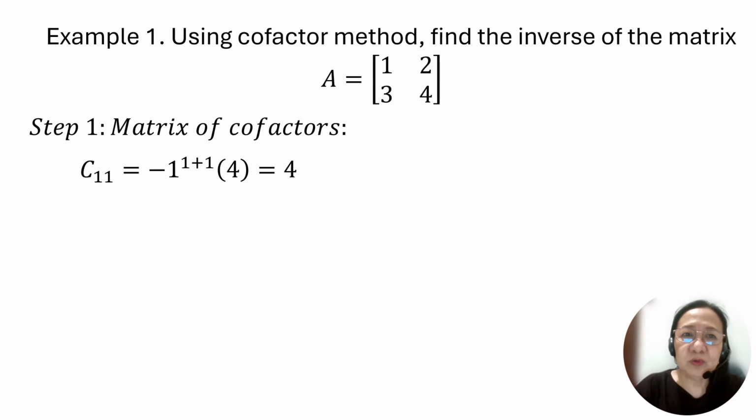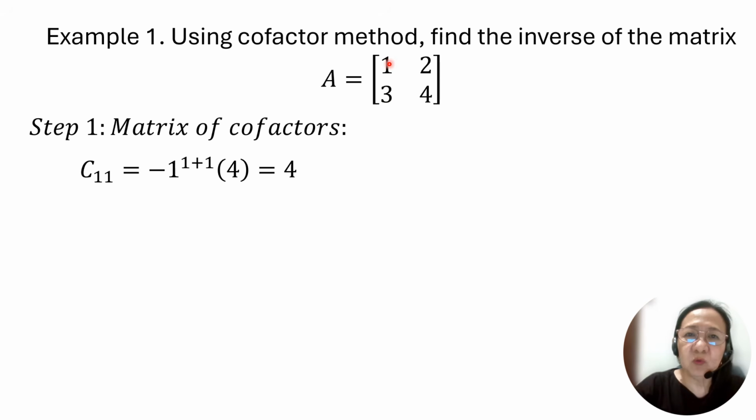The first one, we have C sub 11. What will be the sign of C sub 11? C sub 11 is represented by this number 1. So we're going to cross out all the numbers in our row where 1 is located, and similarly, all the columns.